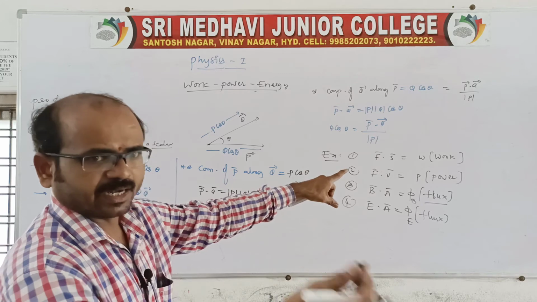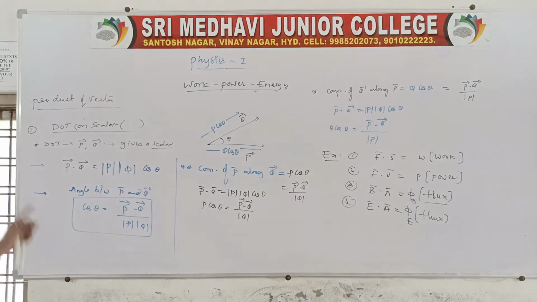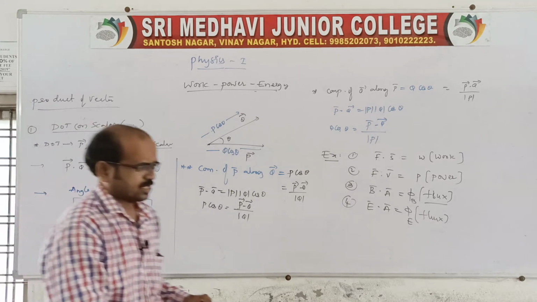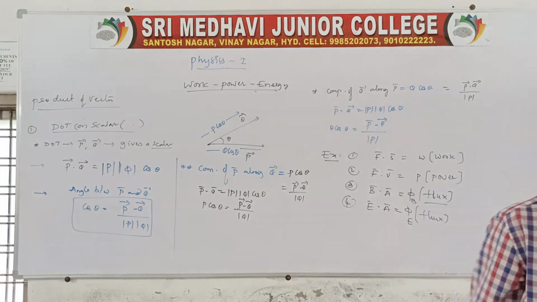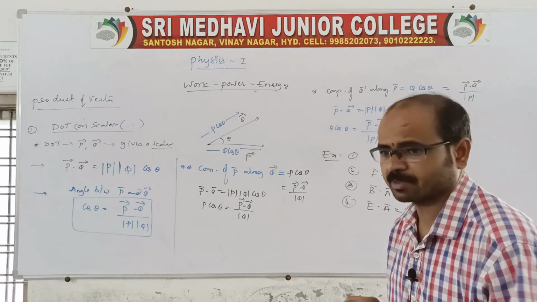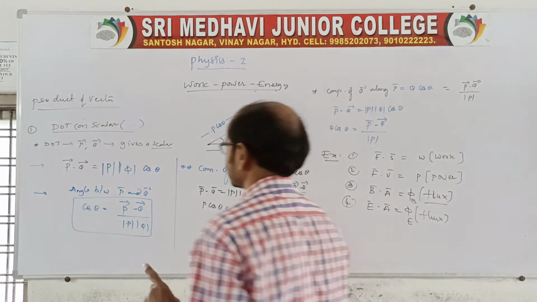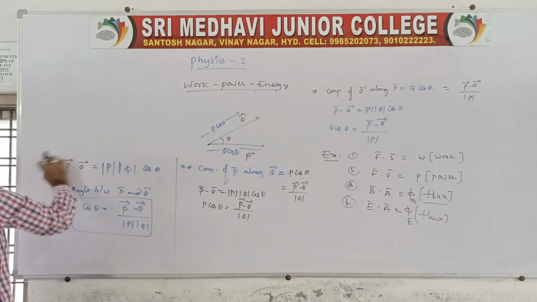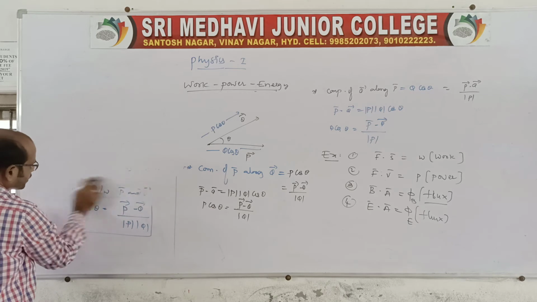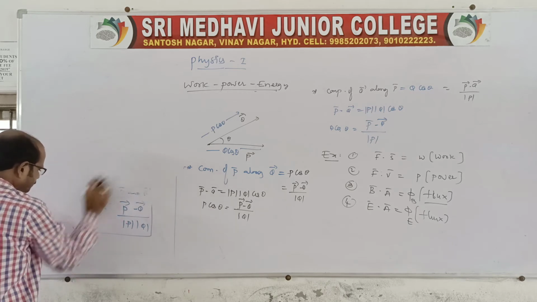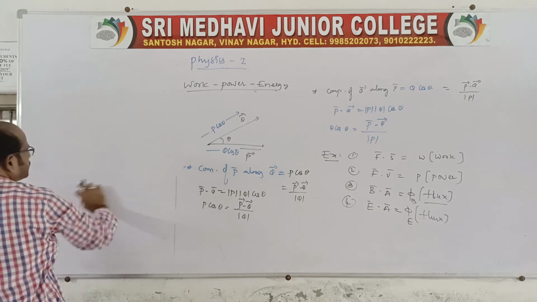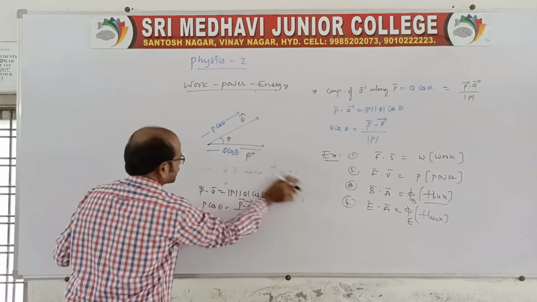We'll see in detail. Before that, the properties are also very important, I told you, right? So what are the properties of the dot product? See, how we take a multiplication using this. I'll tell you the properties of these products. You remember, in general it obeys the commutative law.